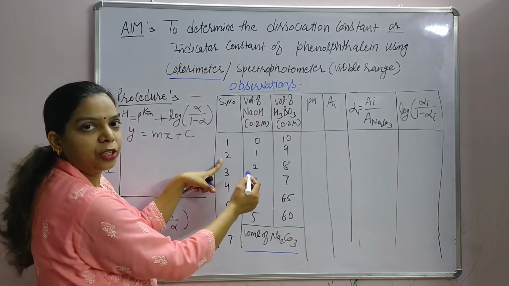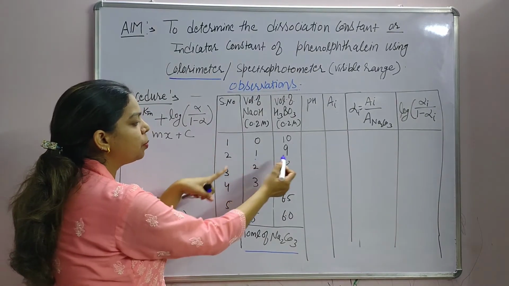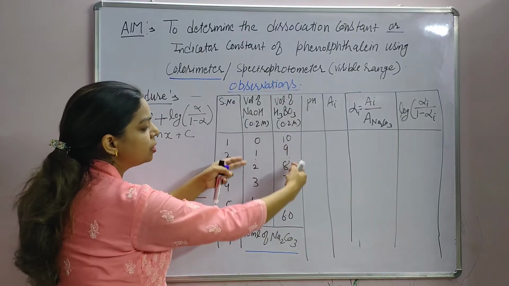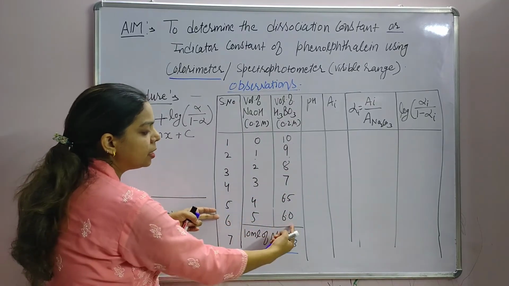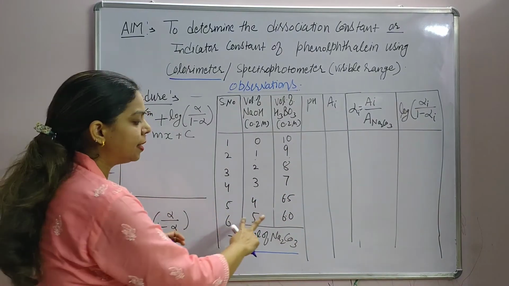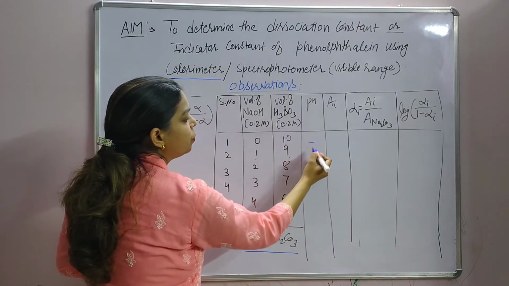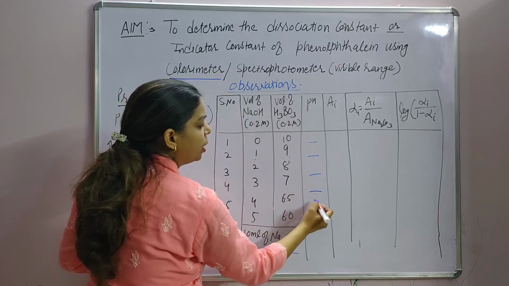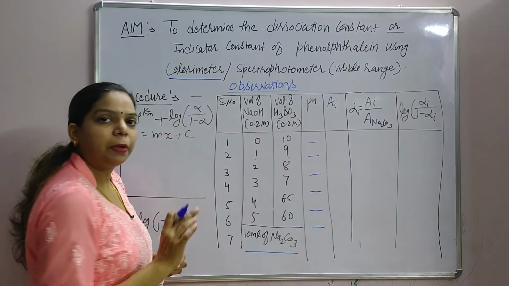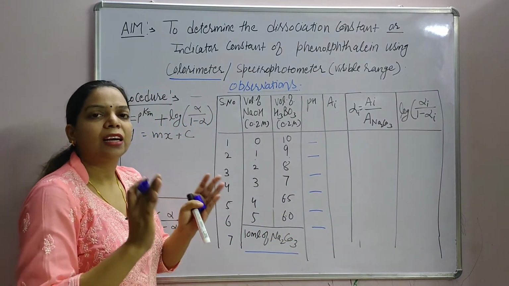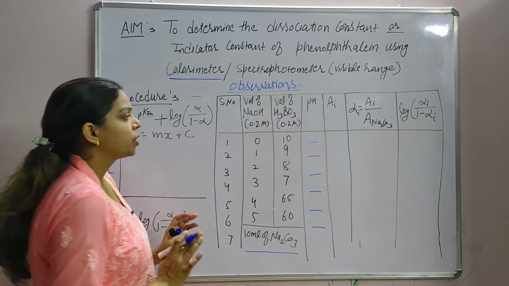Similarly for the second mixture, 1 ml of NaOH, 9 ml of boric acid and so on. So you will prepare 6 different mixtures of acid and base. Using a pH meter you can find out the pH of these solutions so that we can be sure that the pH is lying within the action range of phenolphthalein.